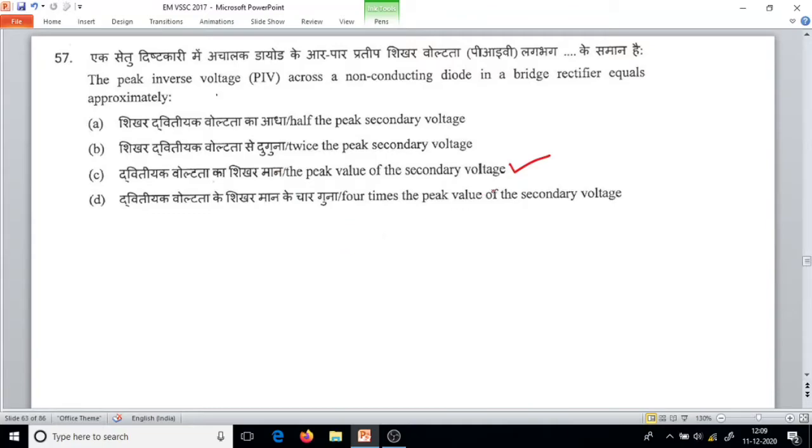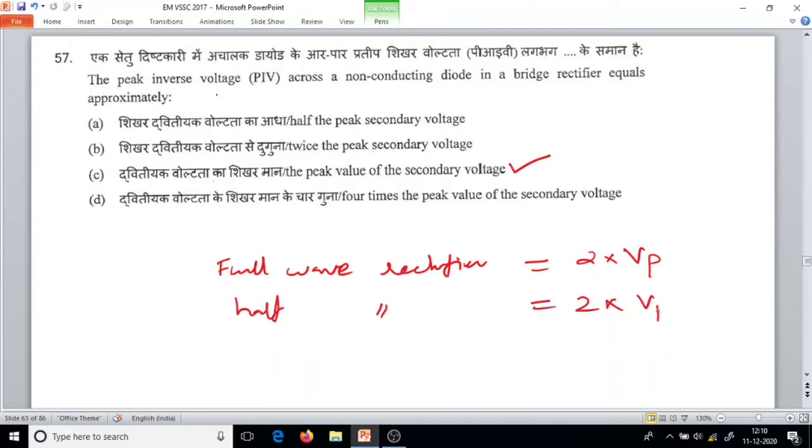So what happens? Why? If it is a full wave rectifier, then 2 times the peak value will come. 2 times Vp will come across the diode, or in a half wave rectifier also, it will be 2 times the V peak, that is the secondary voltage.